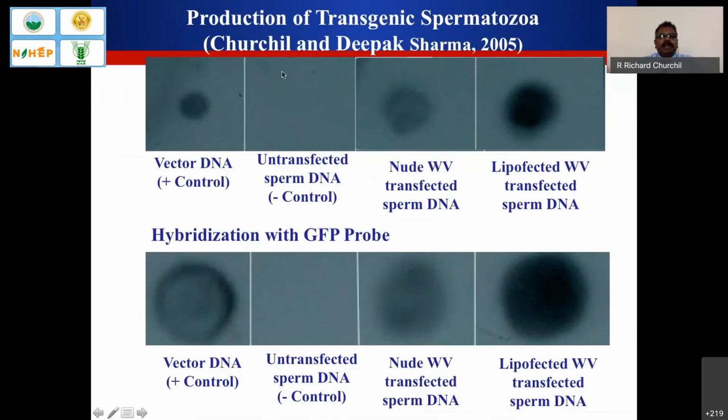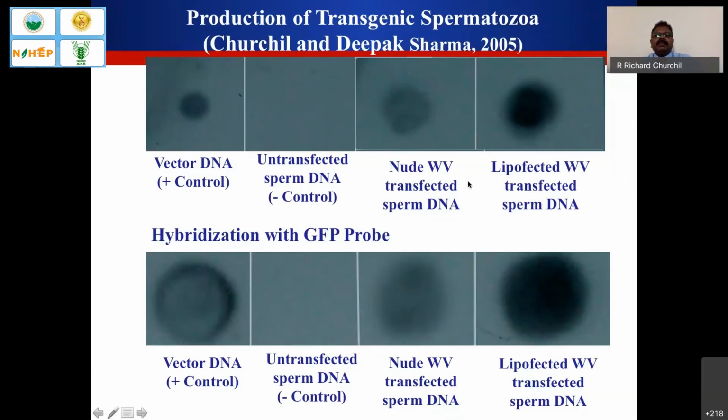This is the dot blot. So this technique is called dot blot. And in the third, you find the nude DNA integration, transfection. What is this transfection? Transfection means the introduction of a foreign gene into the cell by just incubation, right?